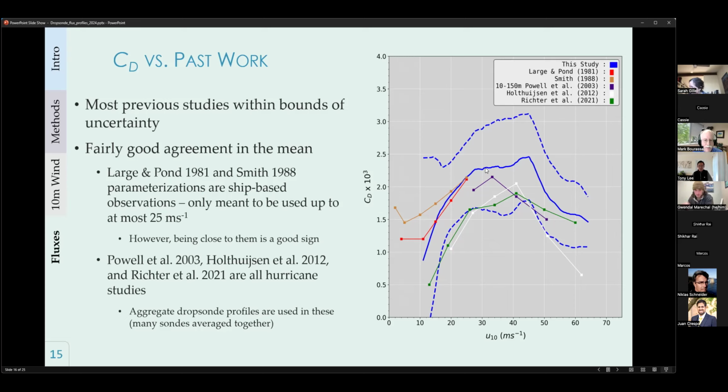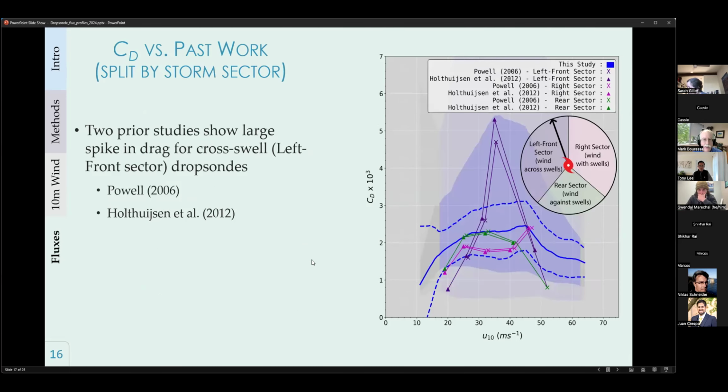Again, the key difference between the techniques, we're working with single profiles. They're applying a log method with slightly different parameterization into the whole profile. They also, in those studies, looked at the drag coefficient as a function of the location in the storm. So this is the direction of the storm.